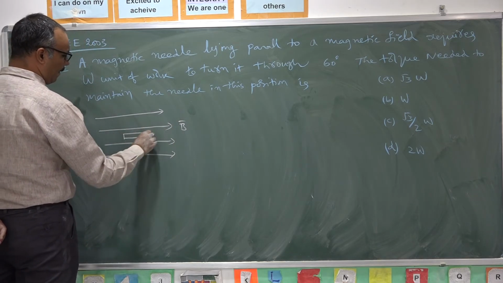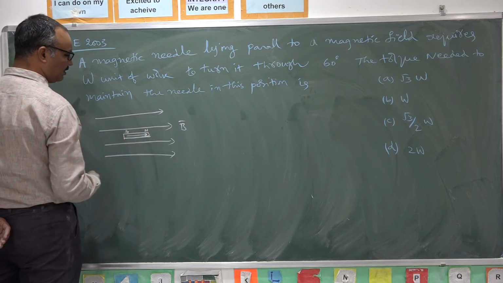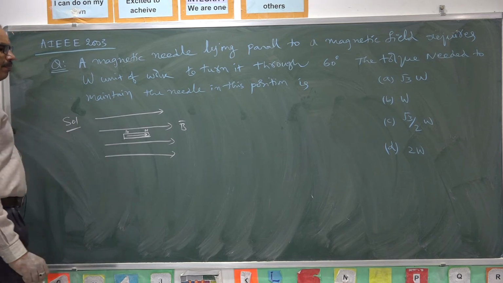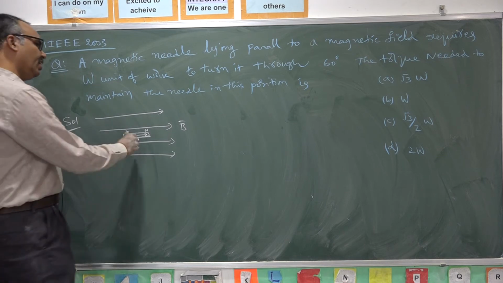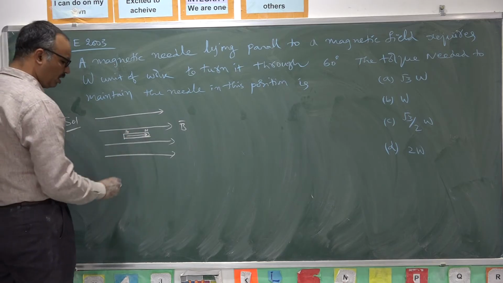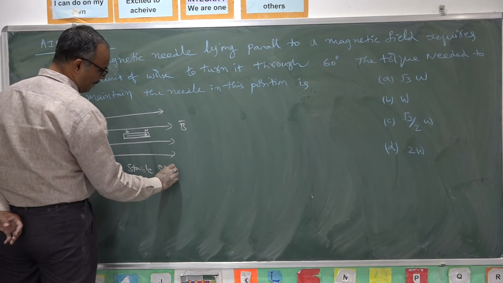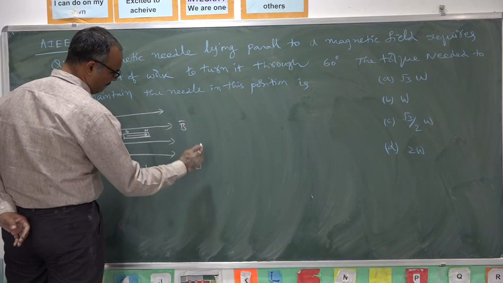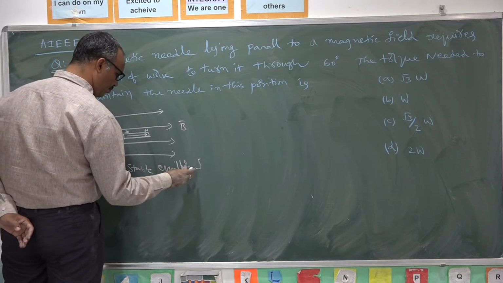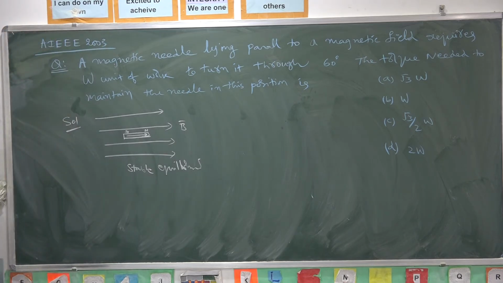Magnetic needle having north pole and south pole, if it is like this, it is under stable equilibrium. It requires W unit of work done to turn it through 60 degrees.